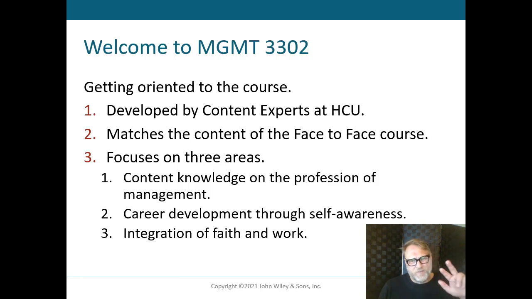Basically, the course focuses on three areas, and the one is developing knowledge for the profession of management. Some people argue management's not a profession, it's a practice. However we want to look at that, the key is that the content of four areas, which you'll see in a minute: planning, organizing, leading, controlling, are simply not suggestions.